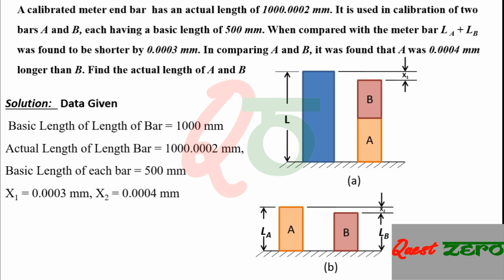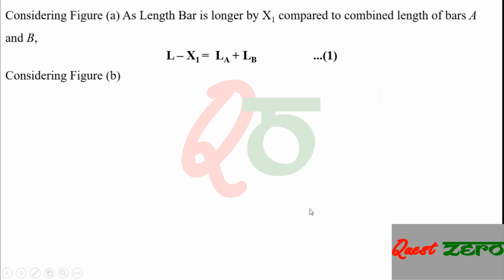Now considering figure B, LA minus x2 equals LB, or LA equals LB plus x2. Now I know the value to be substituted for LA here, so the unknown will be only LB.